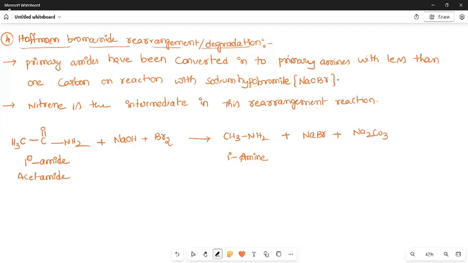You can take many such examples. For example, benzamide, C double bond O NH2.